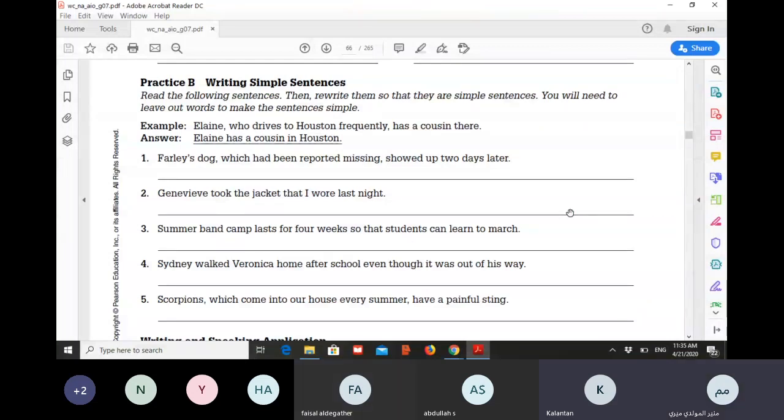Read the following sentences, then rewrite them so they are simple sentences. You will need to leave out words to make the sentence simple. Excellent. As long as we know that a simple sentence consists only of a main clause, all you need to do here is to remove the dependent clause and leave only the main clause alone.